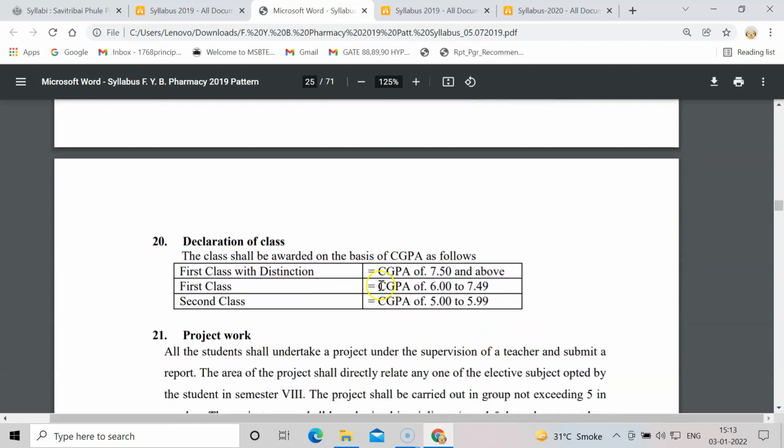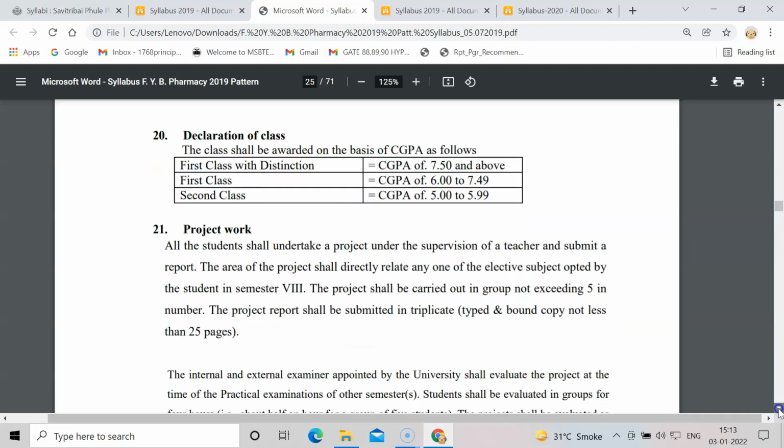If your CGPA score is above 7.5, then you will score first class with distinction. After that, if the CGPA score is 6 to 7.49, it is first class, and if it is between 5 to 5.99, it becomes second class.